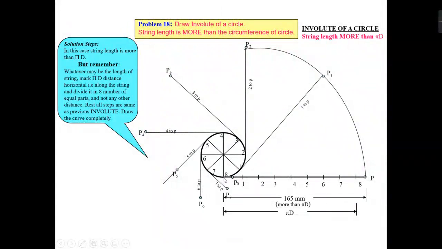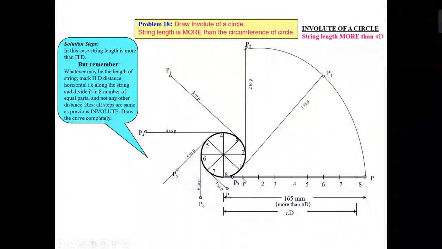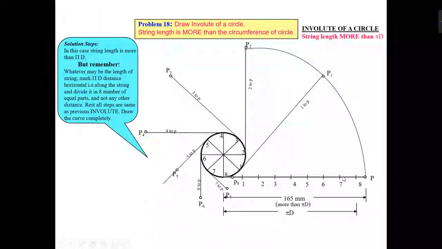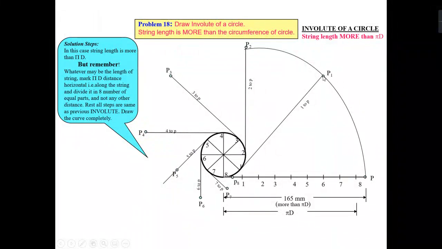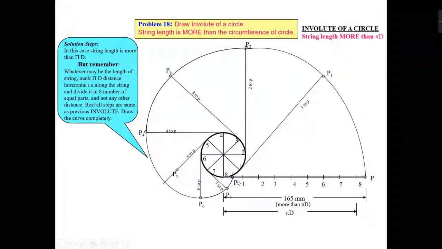So when you are winding the string, this is your first point that will touch here. The remaining length will be nothing but 1 to P, right? This is the same procedure, so you will follow the same procedure.